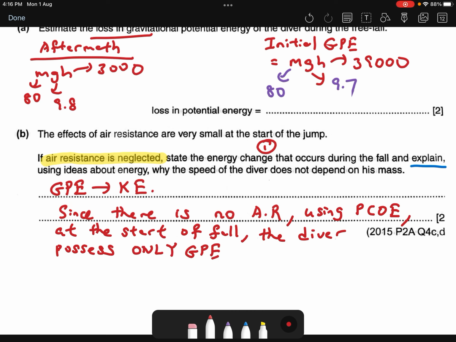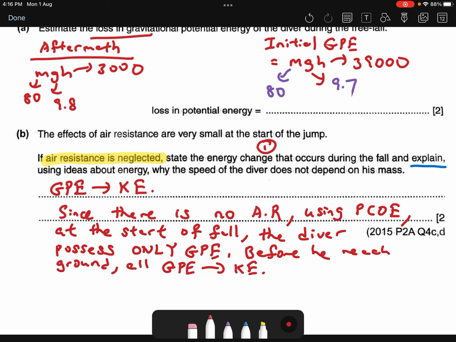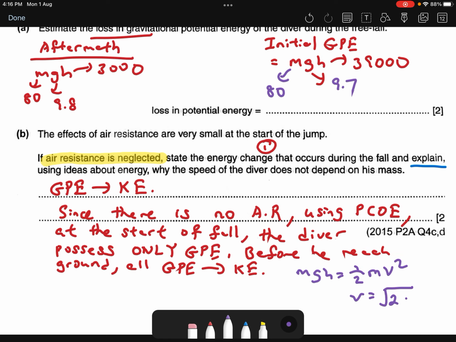Then before he hits the ground, all the GPE is converted to KE. After that you can use a bit of formula. You can say that mgh at the start is equal to half mv squared before you hit the ground. Then you manipulate such that you get v equal to the square root of 2gh.